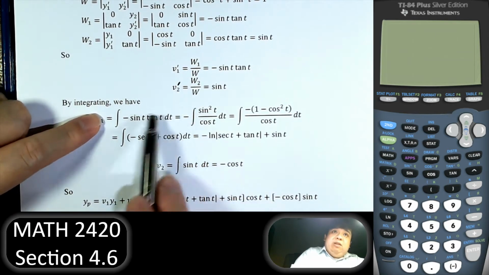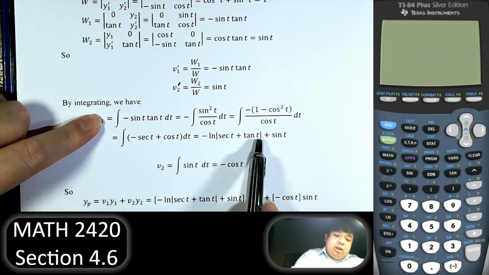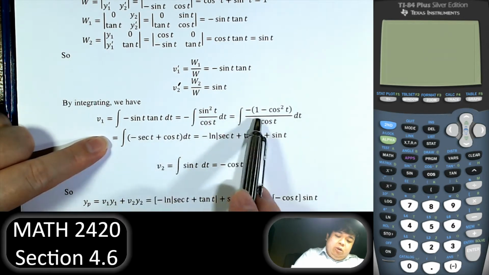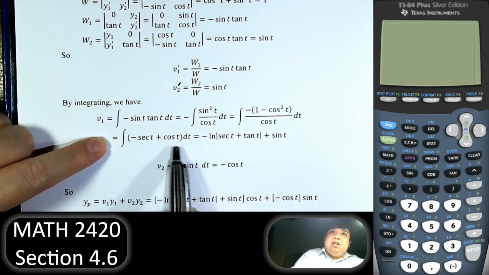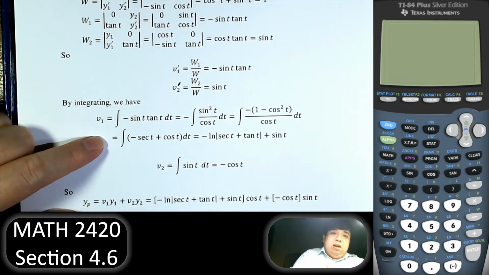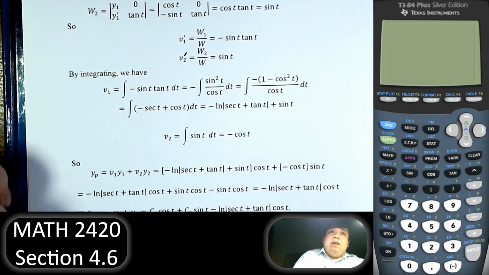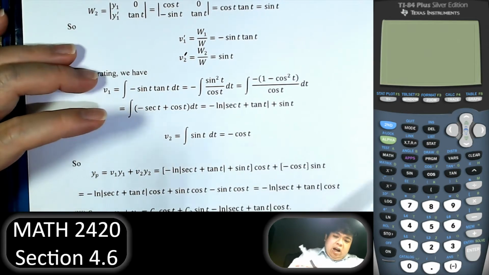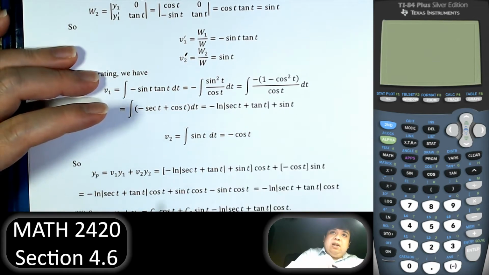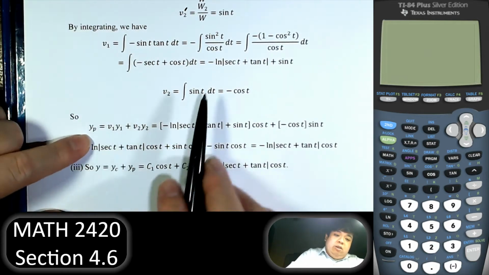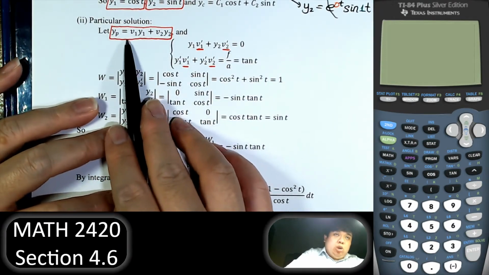Finally, we have the derivative. To get back to the function, we integrate. Integral of sine t tangent t, and we write like that, and that is v1, and v2, integrate that, I have it. Of course, there's no need for the constant c here. And finally, put it back into the variation of parameters solution.